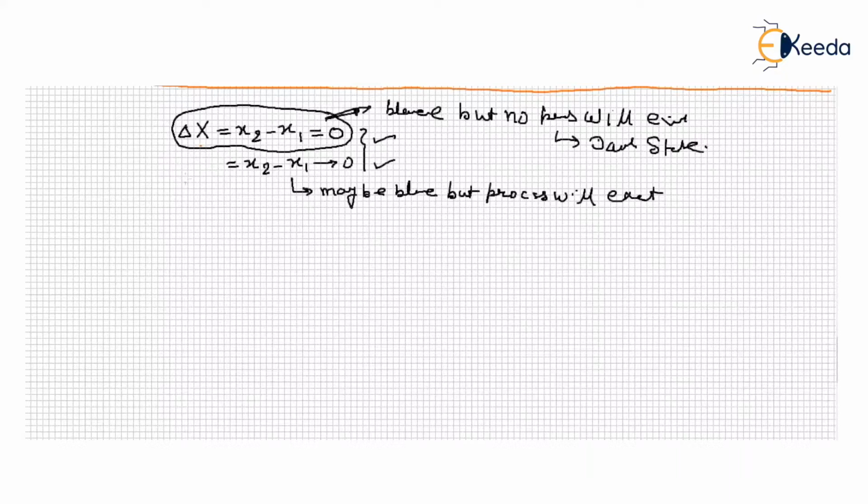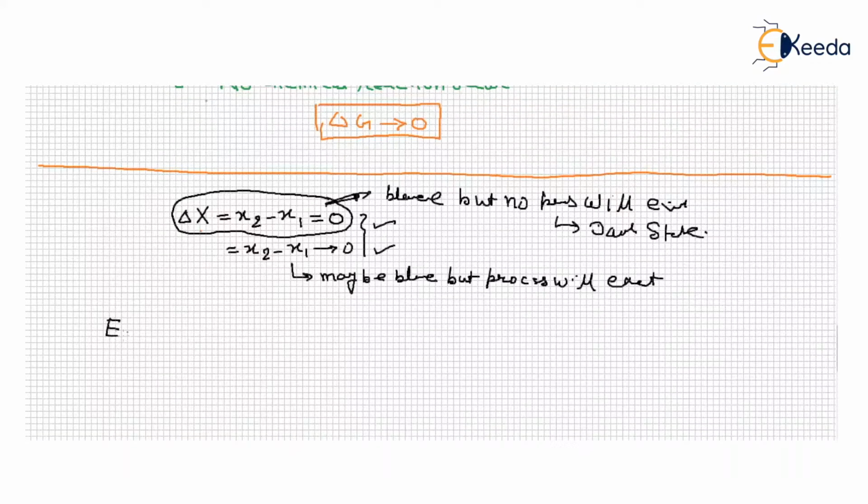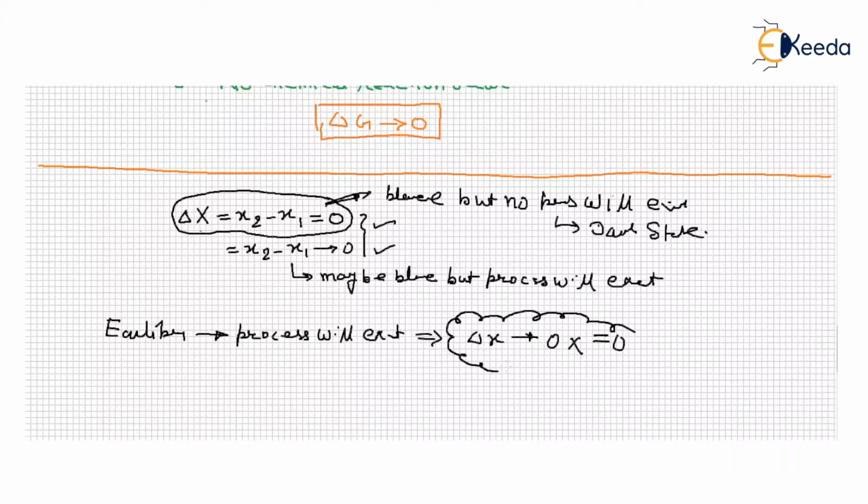So in thermodynamic equilibrium, process will execute. That means what is the change in property? It always tends to 0, not equal to 0. That means it is unbalanced but very minimum.